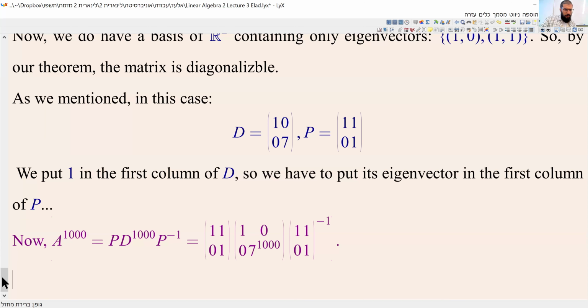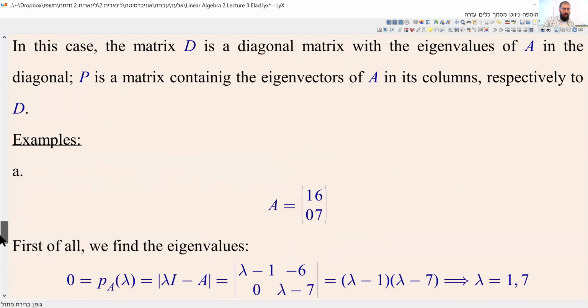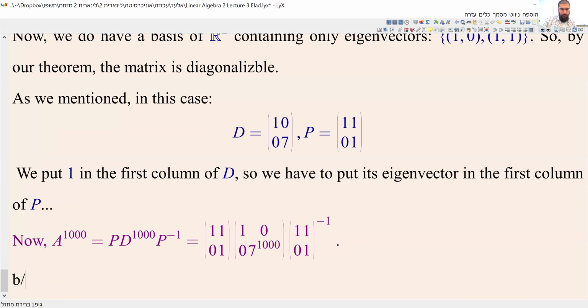On the other hand, if that was example A, let's have a look at example B, a matrix that cannot be diagonalized. Of course, one can give the example we saw before the break, a matrix without eigenvalues over R, for example. But let's look at a different, more gentle example.